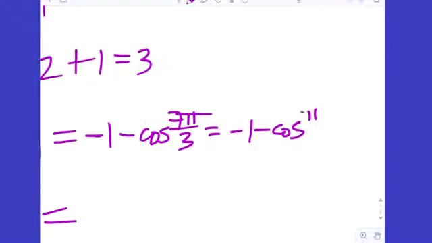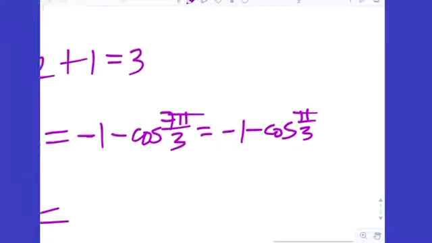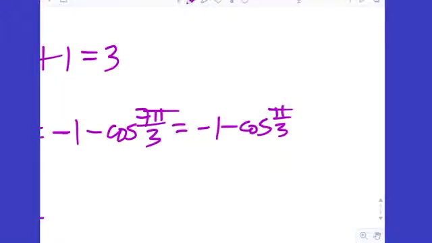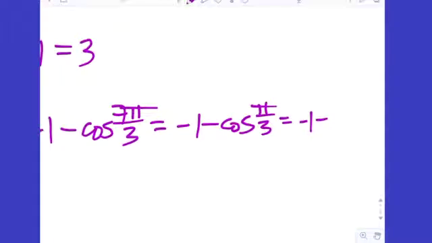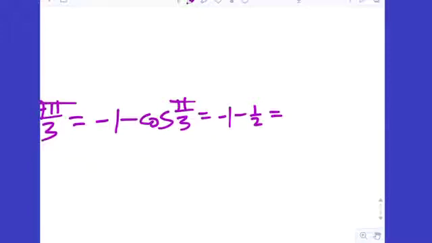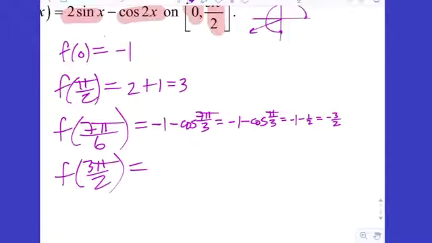It's coterminal with pi thirds, right? 6 pi thirds is 1 rotation. So remember, coterminal angles have the exact same trig ratio. So cosine of 7 pi thirds is the same as cosine of pi thirds. And what is cosine of pi thirds? 1/2. So negative 1 minus a half is negative 3 halves, or negative 1.5.